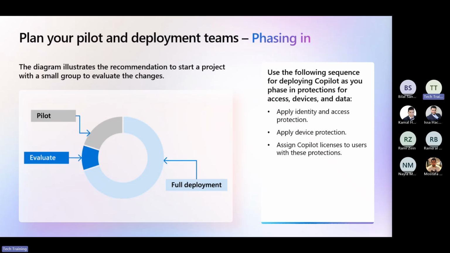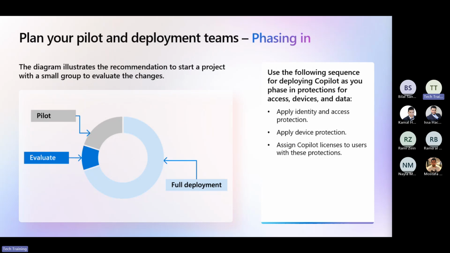Here is the diagram that I was talking about. Use the following sequence for deploying Copilot, with phases and protections for access, devices and data. Apply identity and access protection. This is the first thing you do. Then apply the device protection. Then assign Copilot to users with their protection.